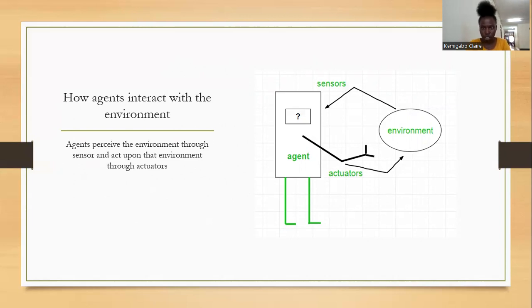Those are the actuators. That diagram is simply showing you how the environment gets data and gives it to the agent. So it acts as an input, whereas what we get from the agent to the environment acts as an output, like they collaborate with each other.